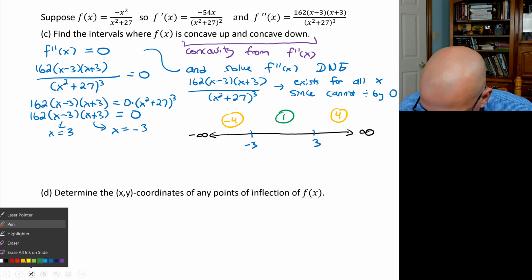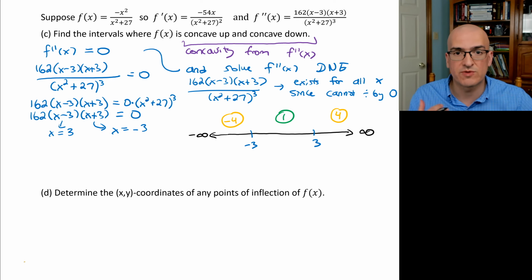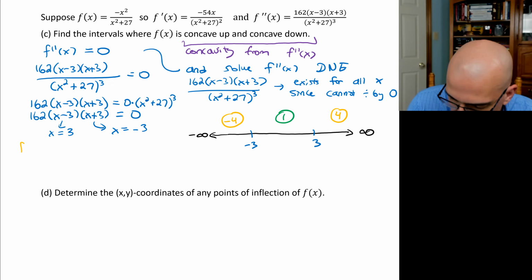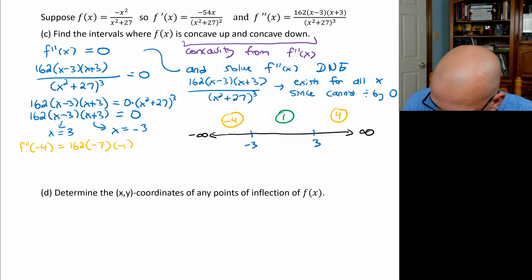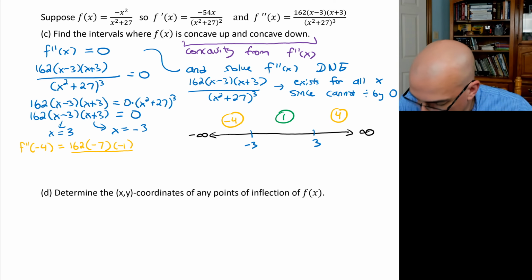Okay, and what do we do with these? We're testing to see if the second derivative is positive or negative in each of these 3 regions. So f double prime at -4. We have 162 times -7 times -1, all divided by something positive.